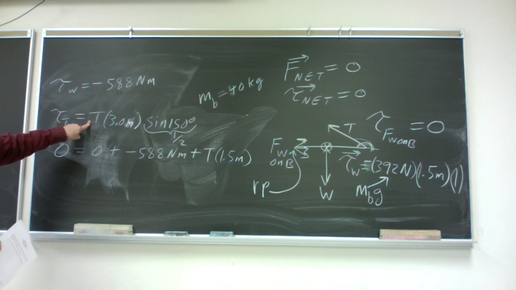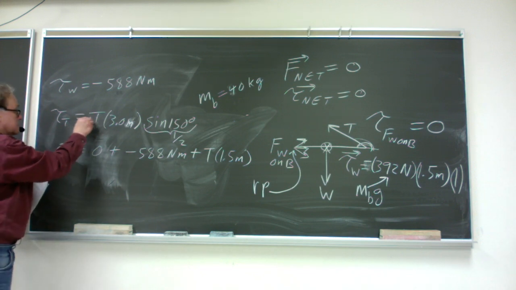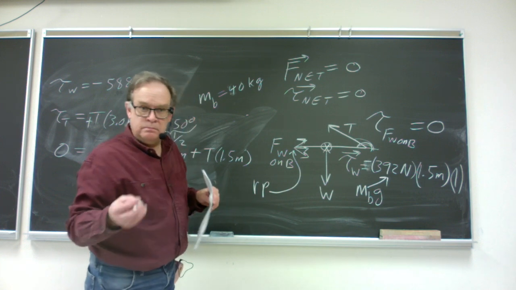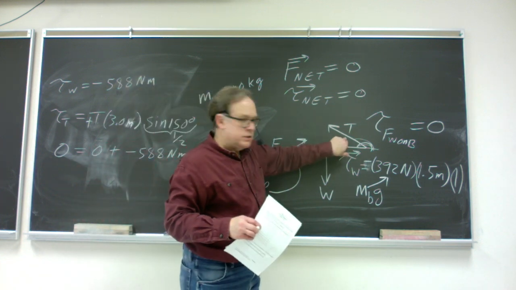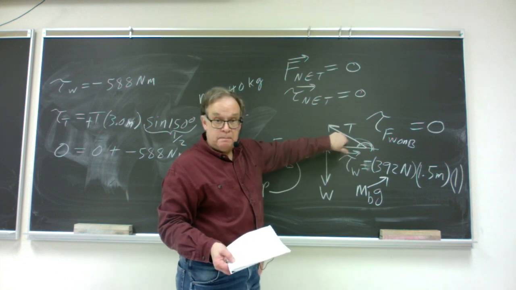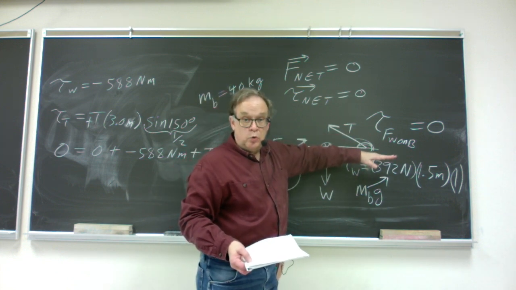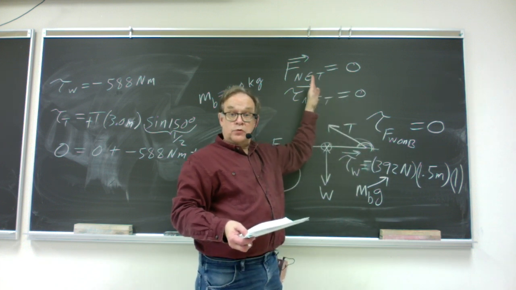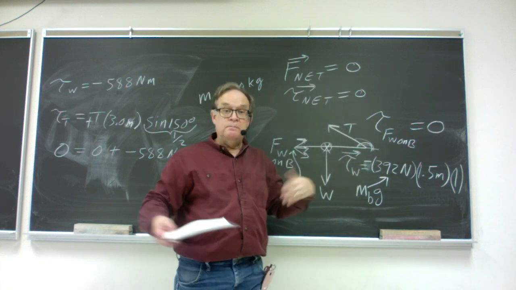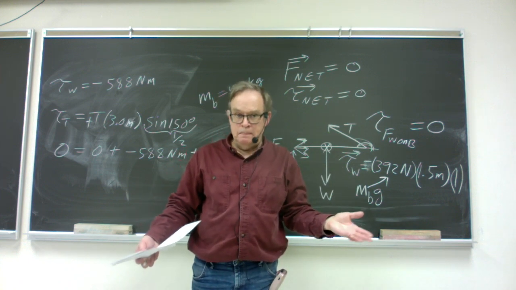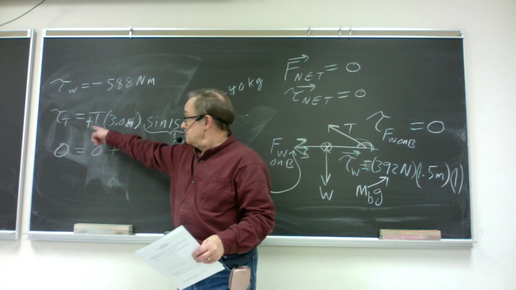And then I said this is a positive torque, and we know that. Just to be sure about that, if this were to pull strong enough to make rotations start to happen, an upward pull out here at the end would make the beam rotate that way, counterclockwise. And if a torque makes counterclockwise rotations happen, it's a positive torque.